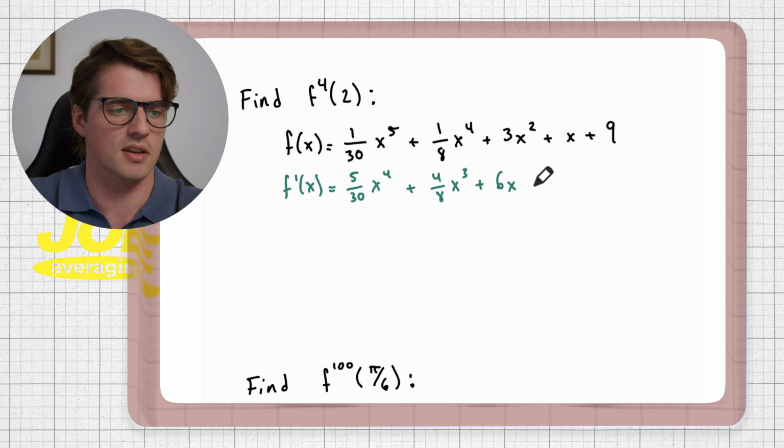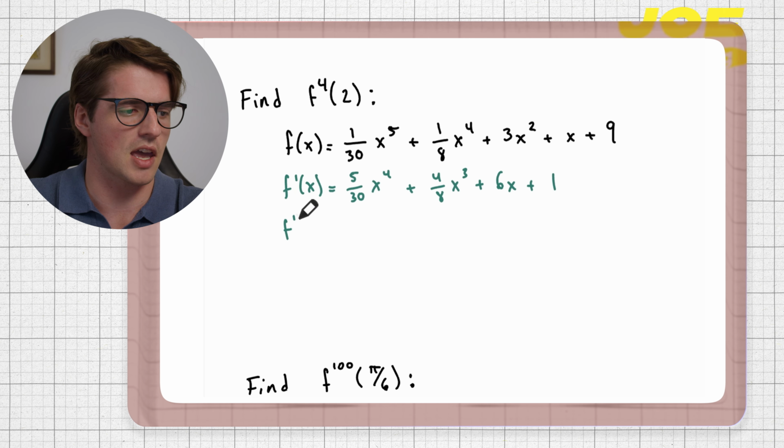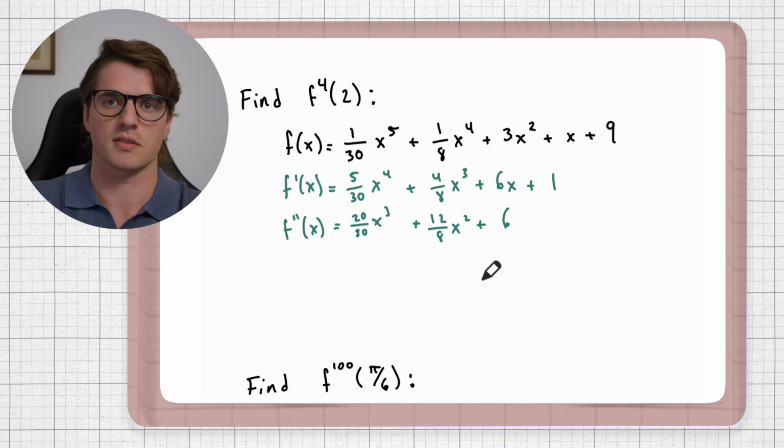Plus 6x plus 1. 9 we don't care about. Goes away. f double prime would be 20 over 30 x to the third plus 12 over 8 x squared plus 6.